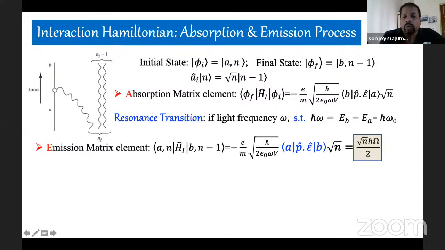What is famous from the experimentalist's point of view is that they write this matrix element in terms of a quantity known as the Rabi frequency, and the Rabi frequency Ω is what we write as ħΩ. The square root of n factor is there because we are talking about interaction with the n-photon system. Ω tells the strength of the transition, whether absorption or emission, and you can quantify it using the Rabi frequency.